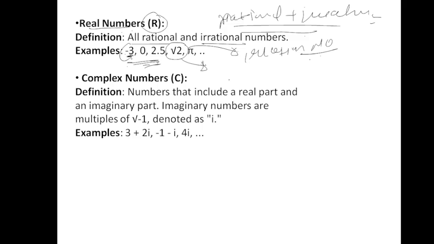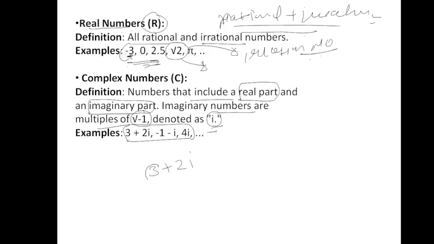Now we move to complex numbers. What is a complex number? A complex number is a number that includes a real part and an imaginary part. Imaginary numbers are multiples of under root minus 1, denoted by iota. Here is an example of a complex number, 3 plus 2i.